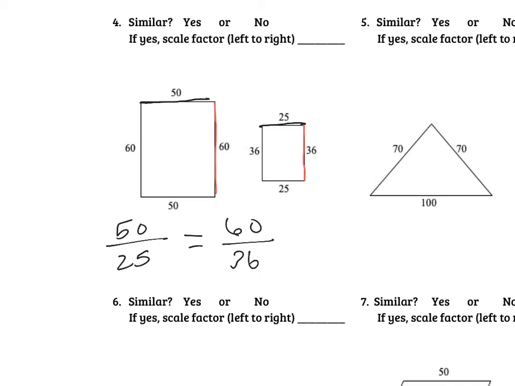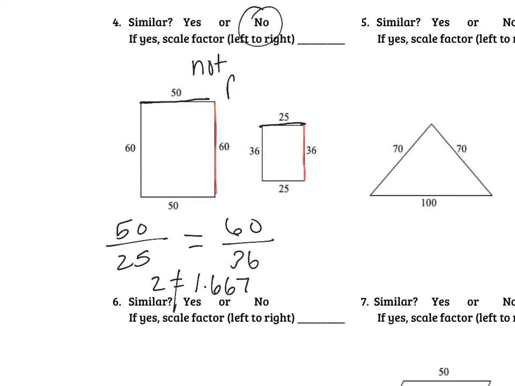Is 50 over 25 equal to 60 over 36? Well, 50 over 25 is 2. 60 over 36 is 1.667. Those are not equal, so they are not similar because they're not proportional.